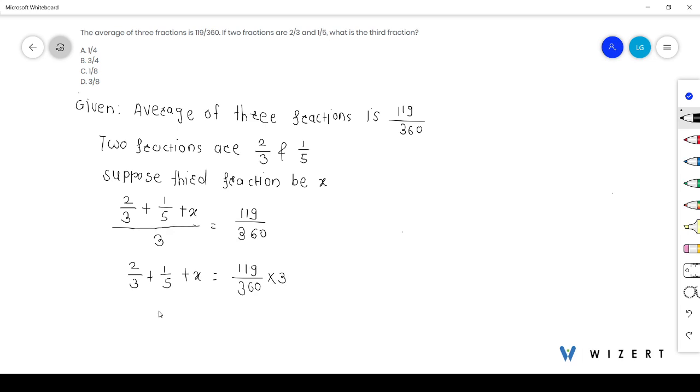So here 2/3 plus 1/5 equals, here LCM is 15, so 2 into 5 is 10 plus 3 into 1 is 3, divided by 15, plus x equals 3 divided by 360, means 120.